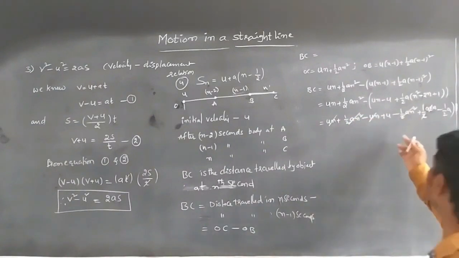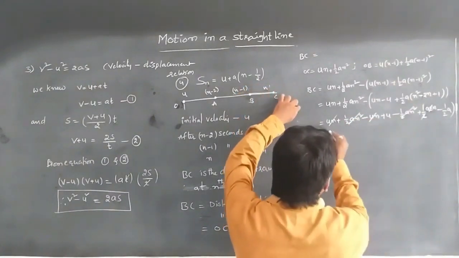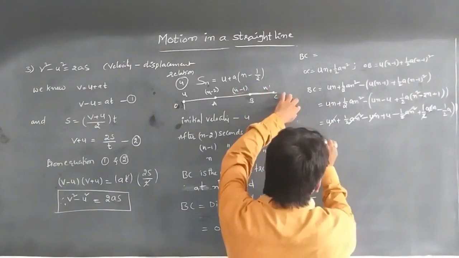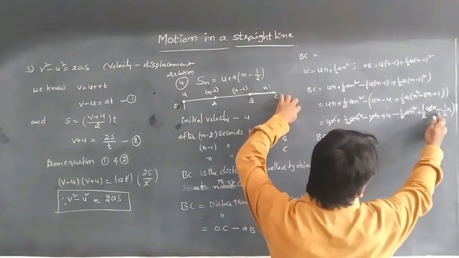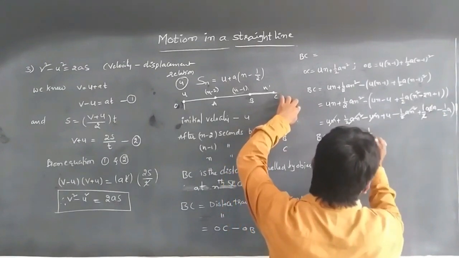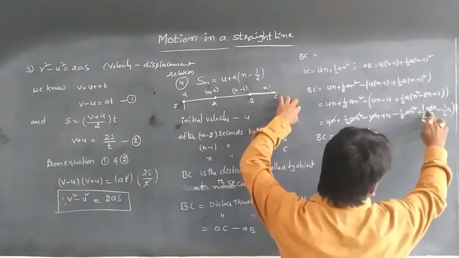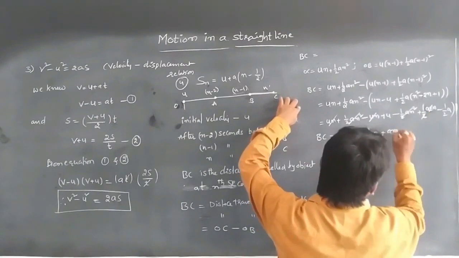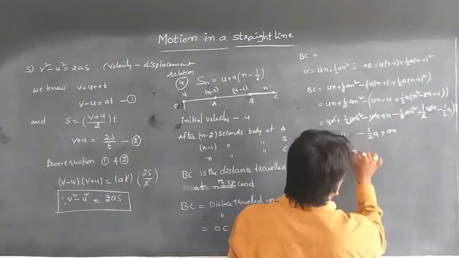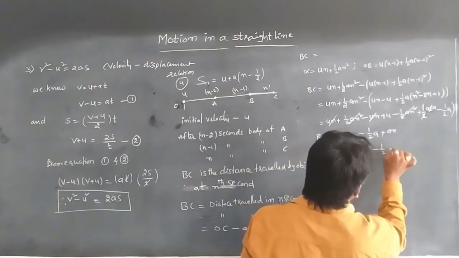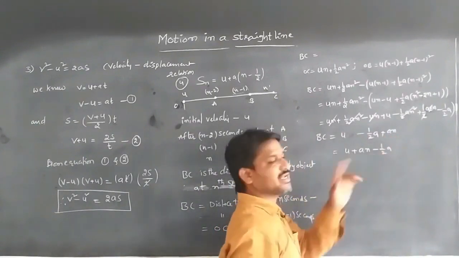So the remaining will be this. Here BC is equal to U minus 1 by 2 A plus An, or we can also write U plus An minus 1 by 2 A. Here we can also write that formula.